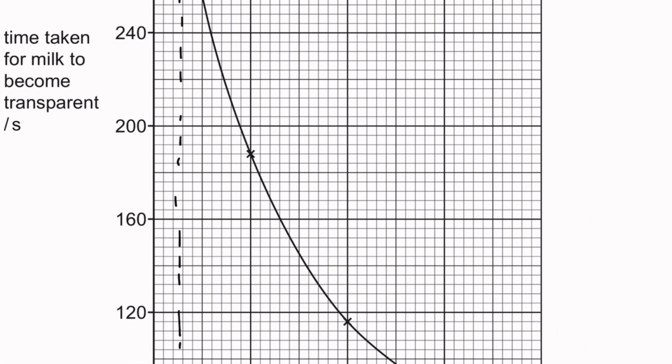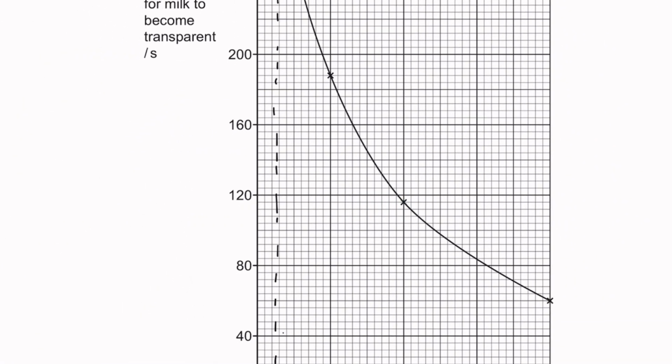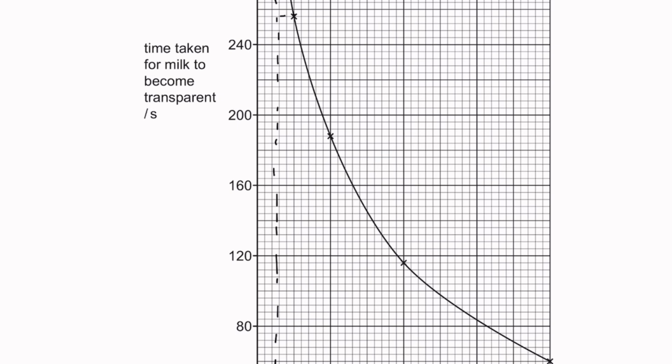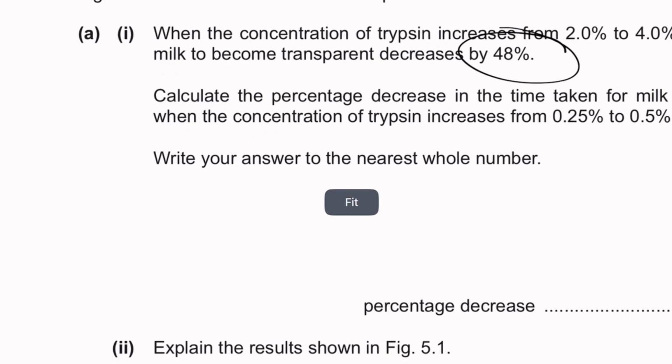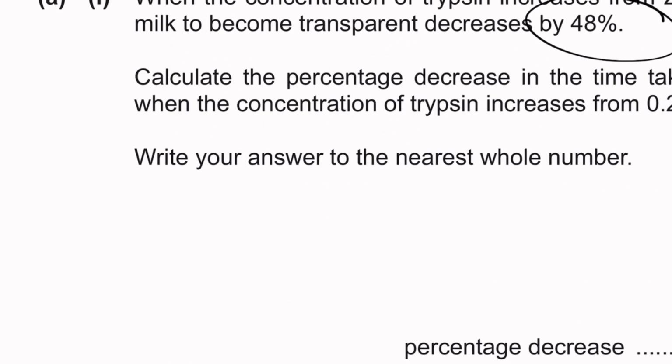Then, over here at 0.5%, we have the point over there, which is going to be 244, 248, 252, 256 right here. Okay, so we have change in time from 256 to 380, so percentage decrease is going to be old minus new over old.